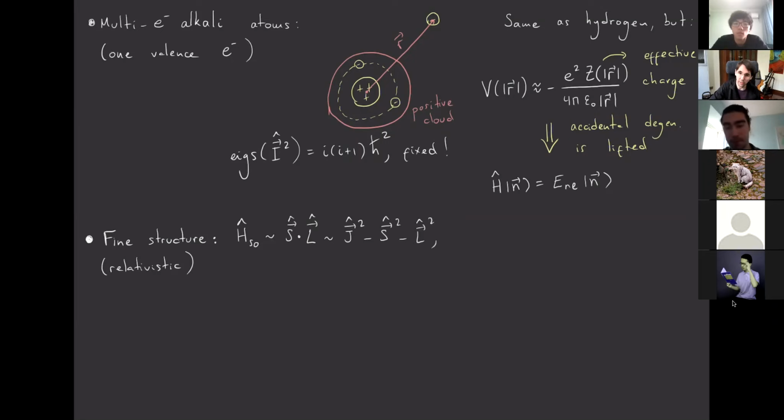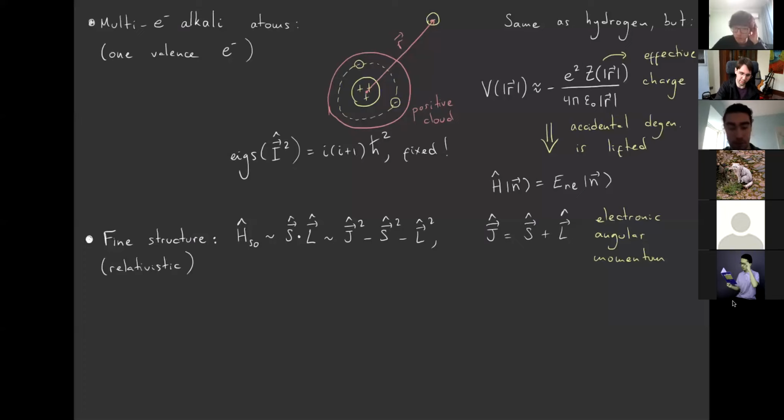And here, the total electronic angular momentum is just the sum, as you can imagine, of the spin and the orbital angular momentum. So this is something that we usually call the electronic angular momentum, okay?